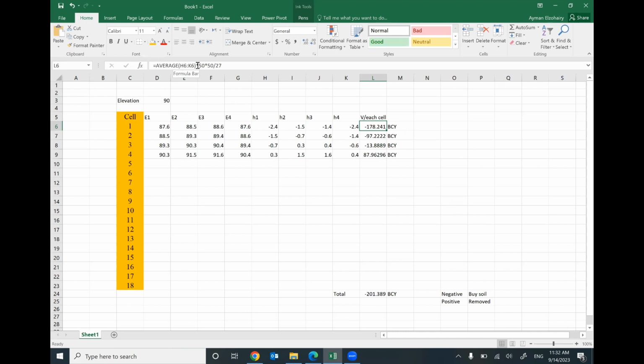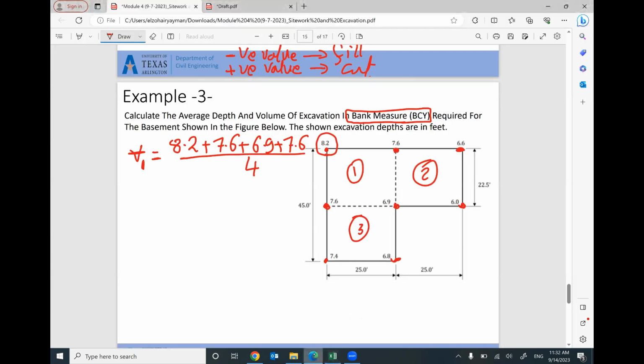Right now I'm doing my handy calculation. Times the area of this cell. This cell is divided by 25 feet and 22.5 feet. Keep in mind this total length is 45, so the mid distance will be 22.5. So the area will be 25 times 22.5.